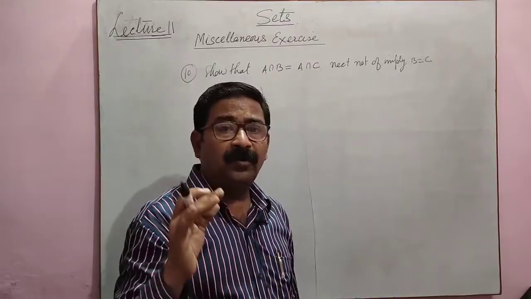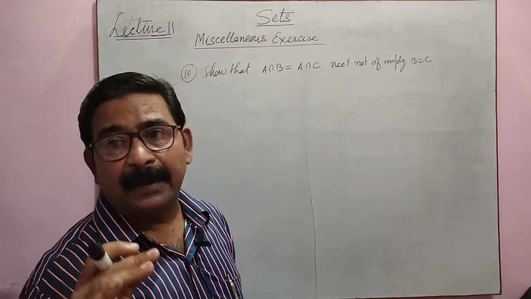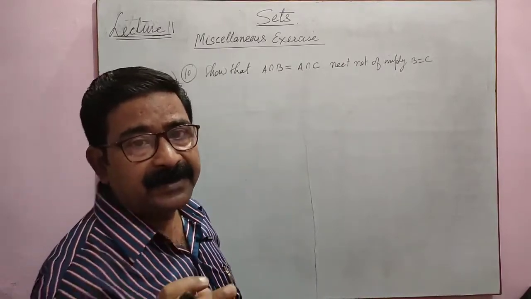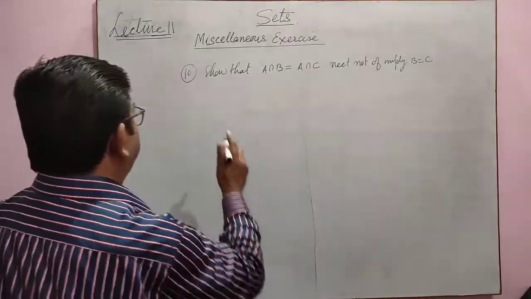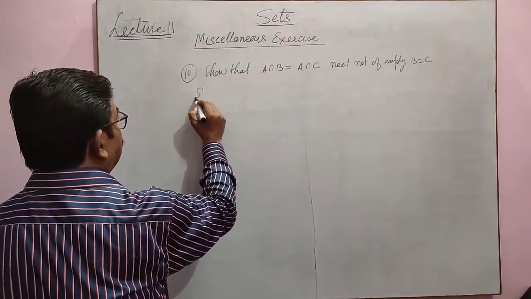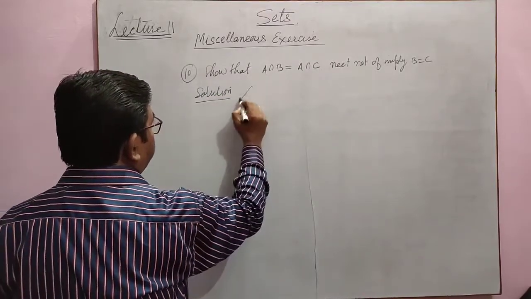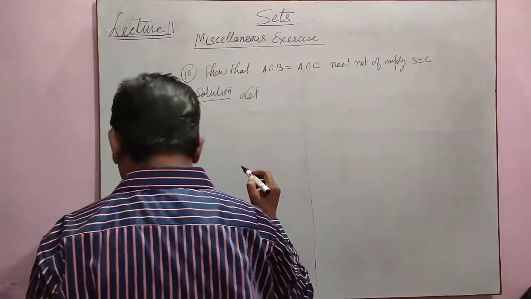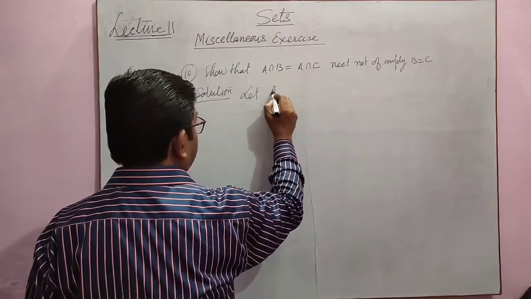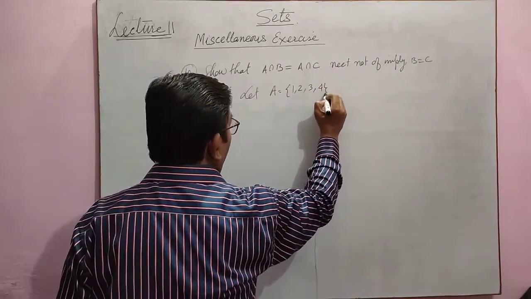So for this purpose we have to take some examples, some elements with A, B and C. So I am taking solution. Let A be 1 2 3 4.